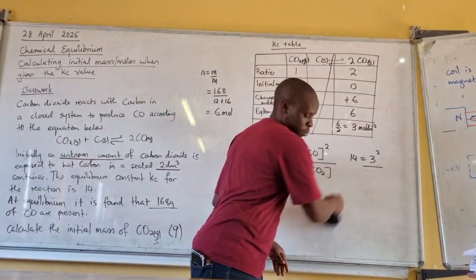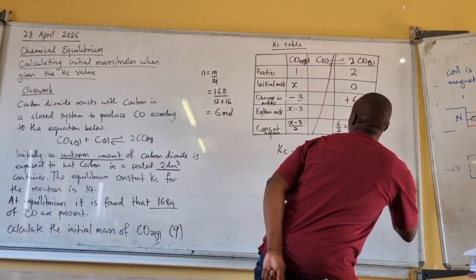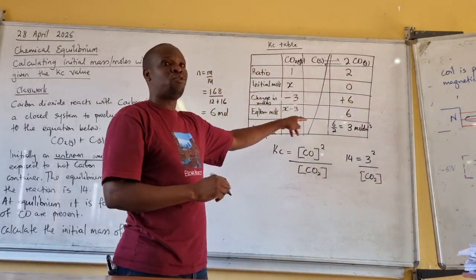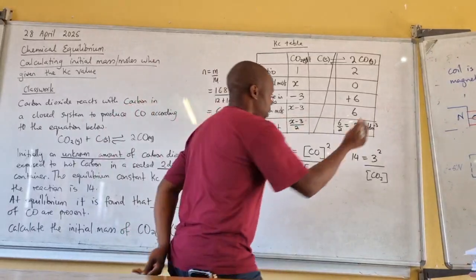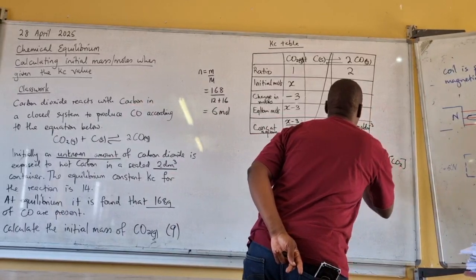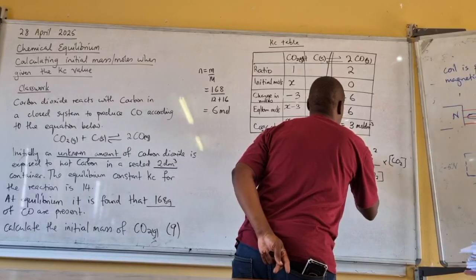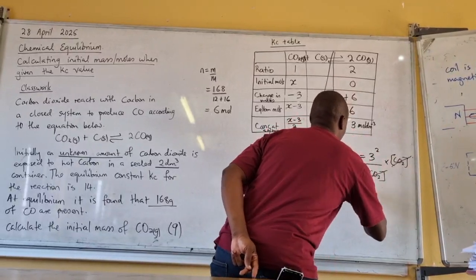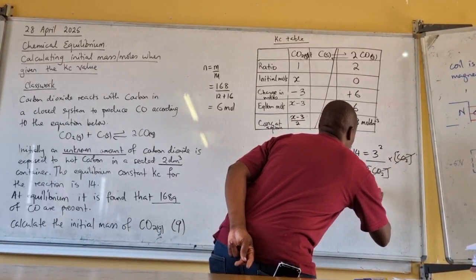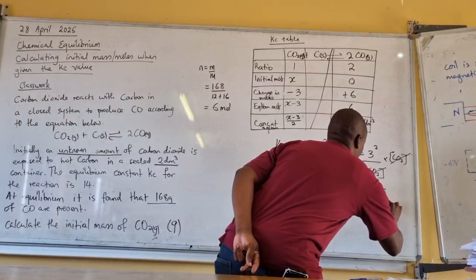So you just have to consider the carbon dioxide concentration instead of substituting this fraction. Okay? We multiply both sides by the concentration of carbon dioxide. We remain with 14 multiplied by the concentration equals 9. Divide both sides by 14.